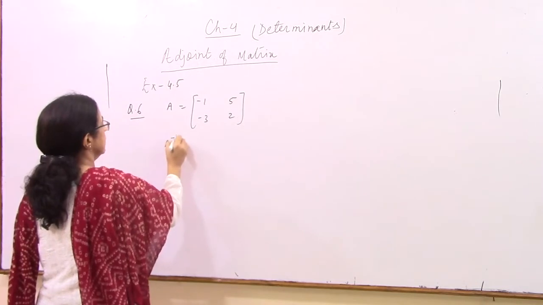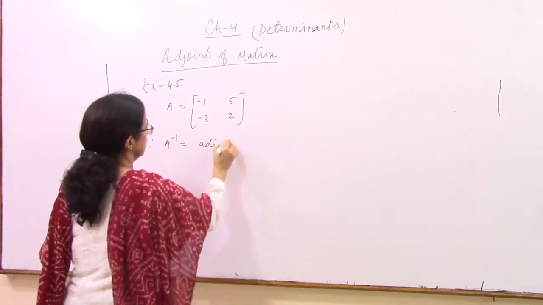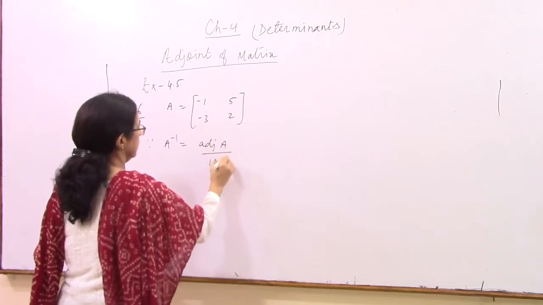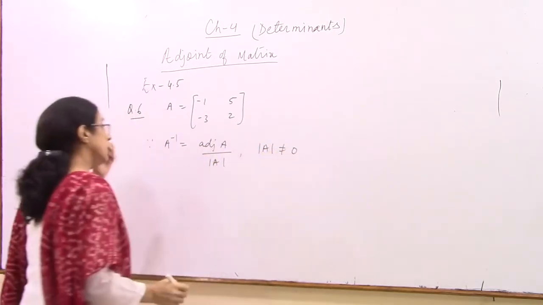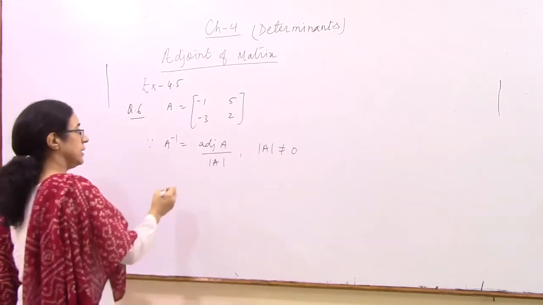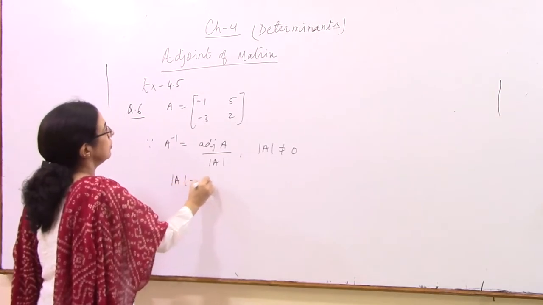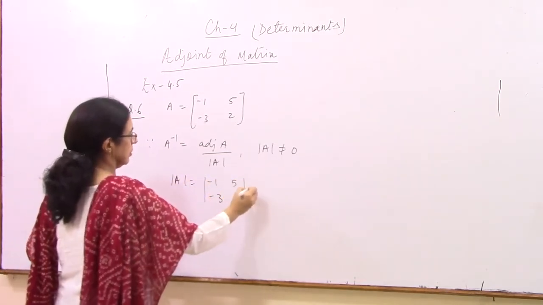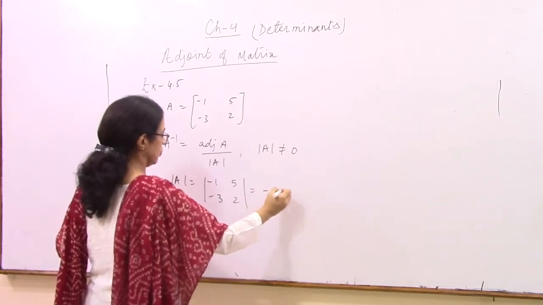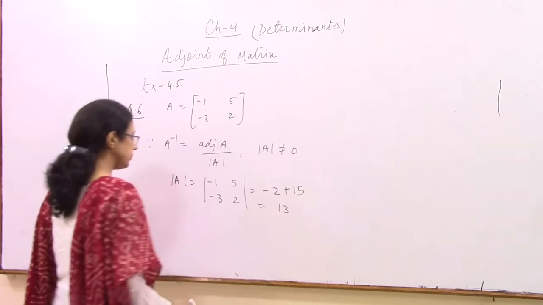A inverse equal to, formula is adjoint A upon determinant A when determinant A is not equal to 0. First find the value of determinant A. Determinant A equal to -1, 5, -3, 2. Then this equal to -2 plus 15, that is equal to 13.